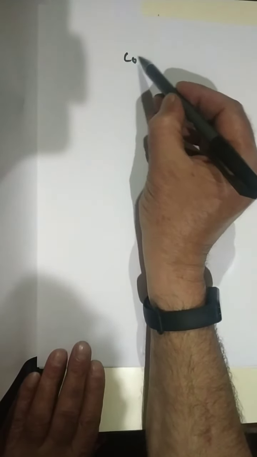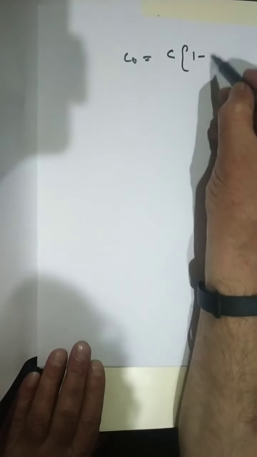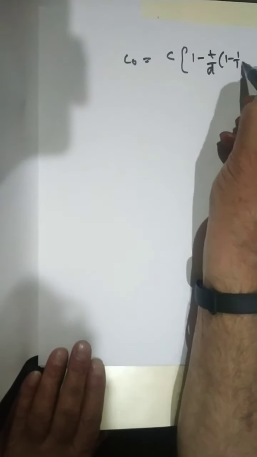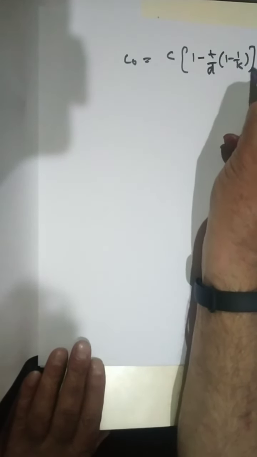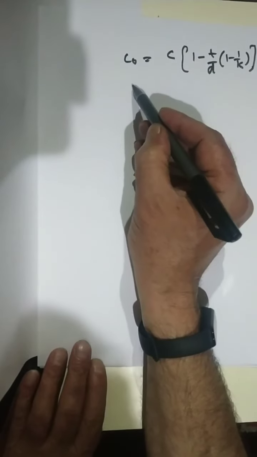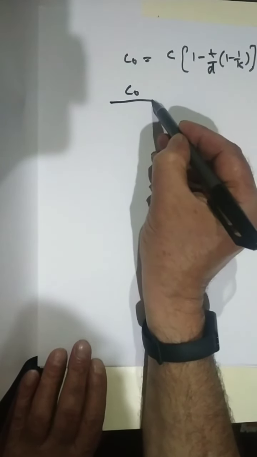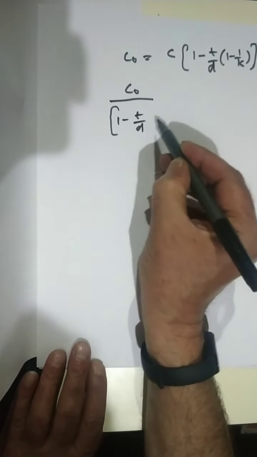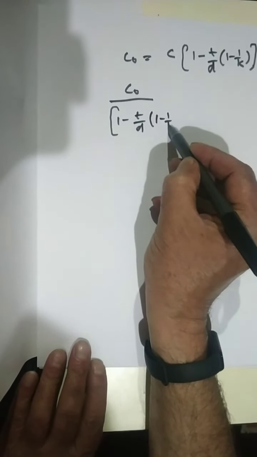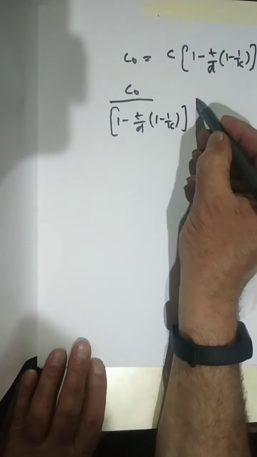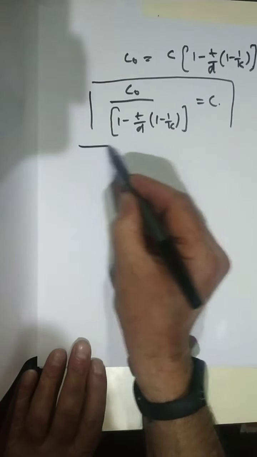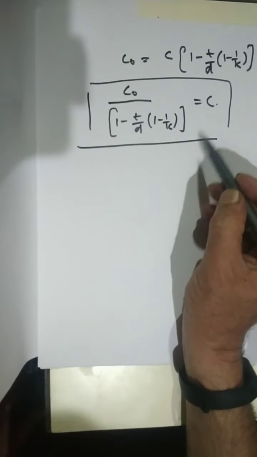C0 is equal to C into 1 minus T by D into 1 minus 1 by K. So we divide here, so C will be C0 divided by 1 minus T by D into 1 minus 1 by K. This is the expression for the capacitance of a capacitor with dielectric.